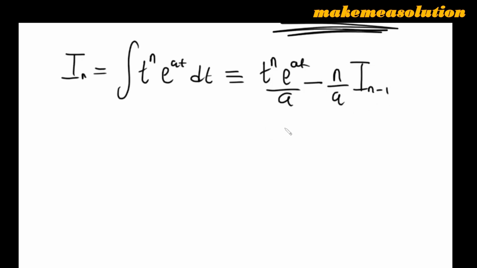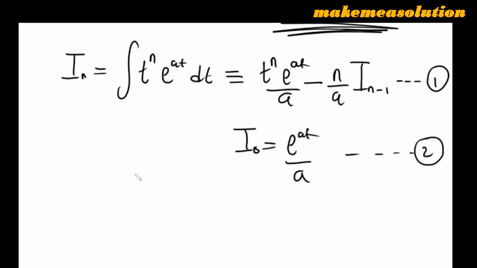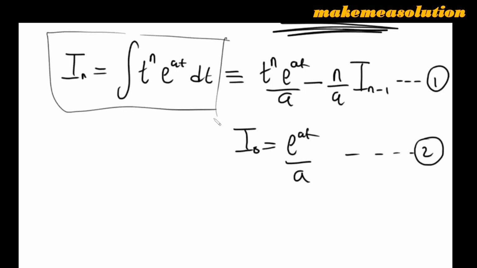Is that okay? And we also established that for this kind of question, I naught is just simply exponential at all over a. So take note of these two properties of reduction formula that you should know for this pattern of integration.